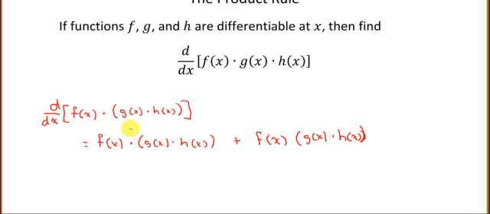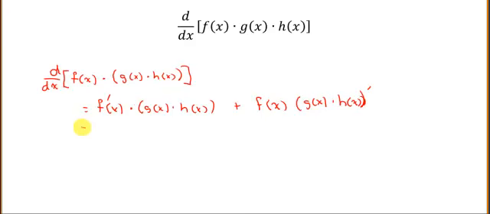In the first copy, take the derivative of the first function. In the second, take the derivative of the second. So this first term becomes f prime of x times g of x times h of x.